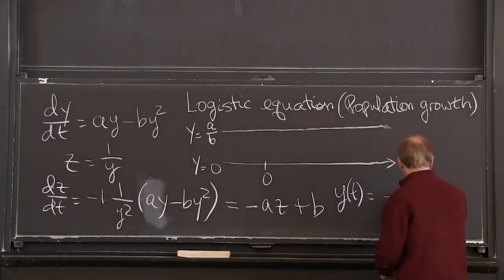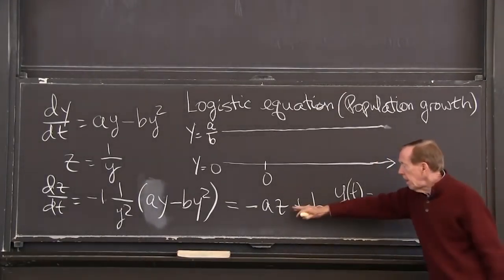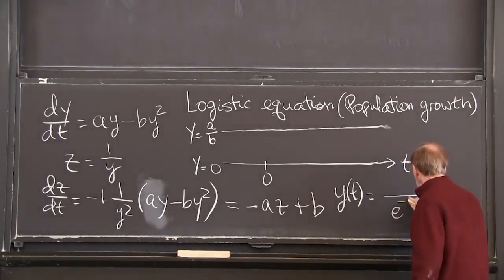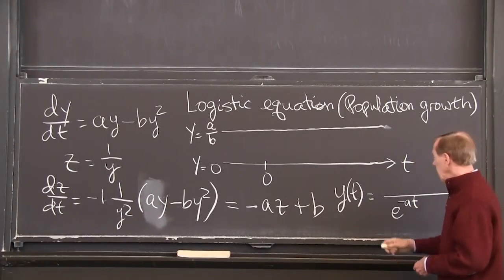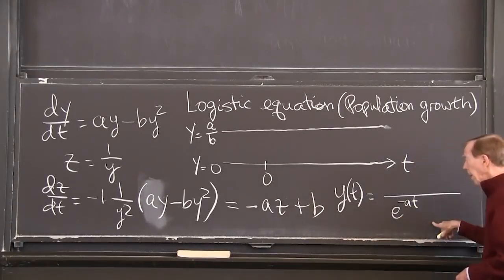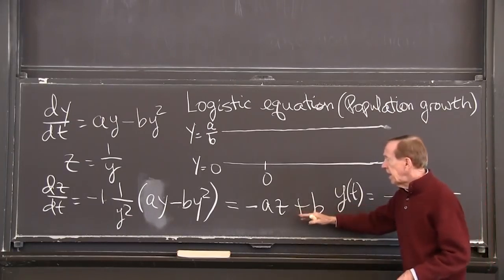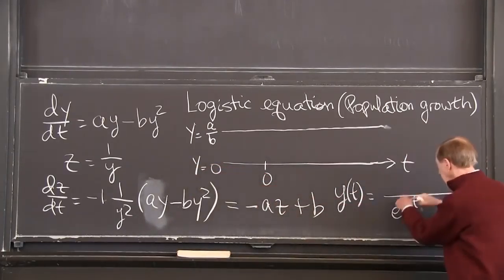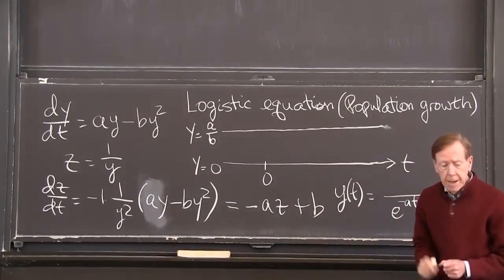I'm going to have an exponential, e to the minus at, which shows up in z. And when I do 1 over z to get back to y, that exponential is going into the denominator. That's what's new.